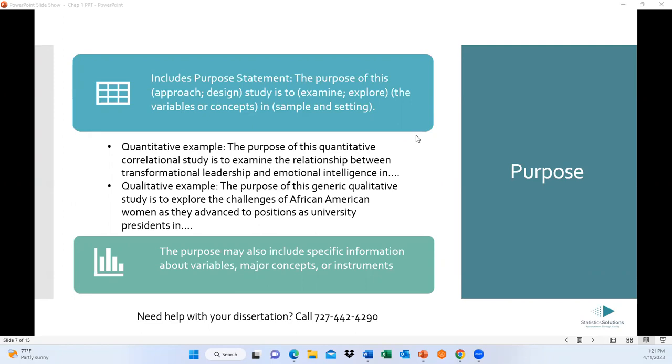Once they're dialed in, they don't change. Same with your purpose statement. So anytime you need to refer to your purpose throughout the study, you can refer to your purpose statement verbatim. In fact, you should, because you don't want to change it to make it sound a little different because it's repetitive. That changes what you're doing, right?